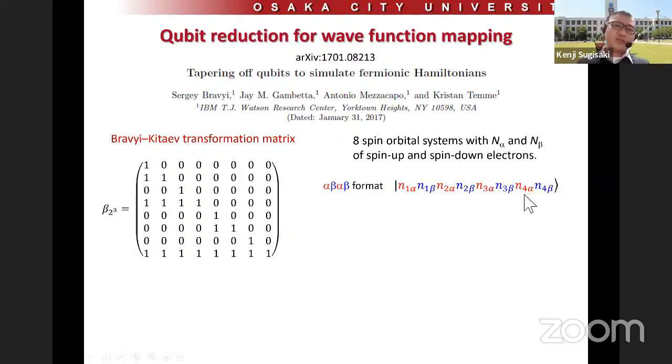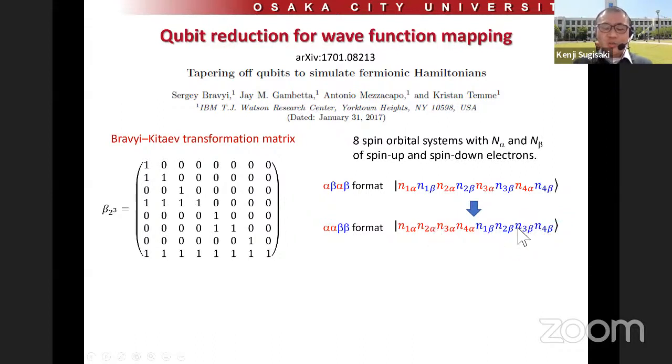But in order to utilize the qubit reduction scheme, first we transform the quantum state from the alpha-beta format to the alpha-alpha beta-beta format, as shown here. In this case, first we write all the qubits corresponding to the spin alpha electrons, and then we write the qubits for the spin beta electrons.